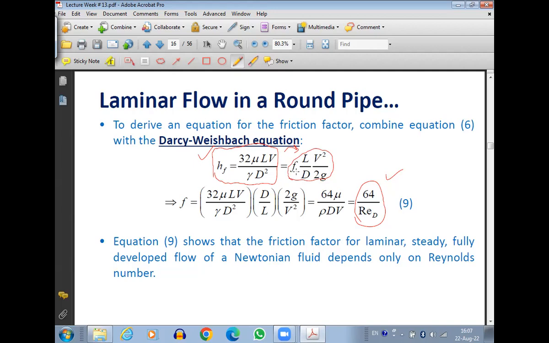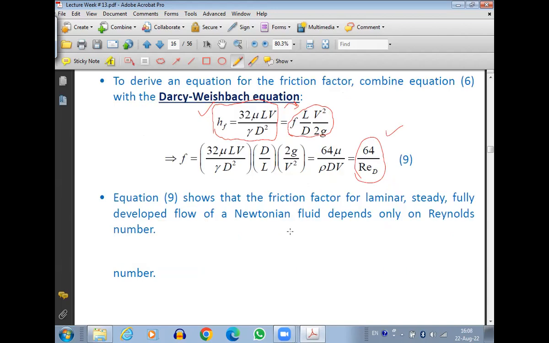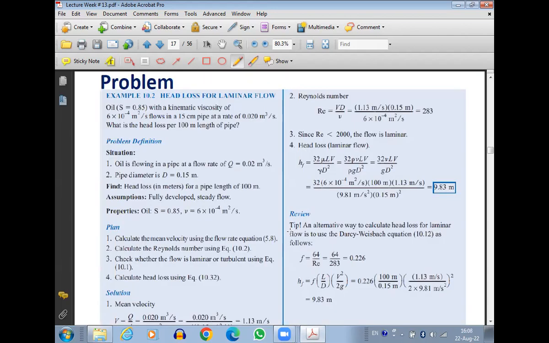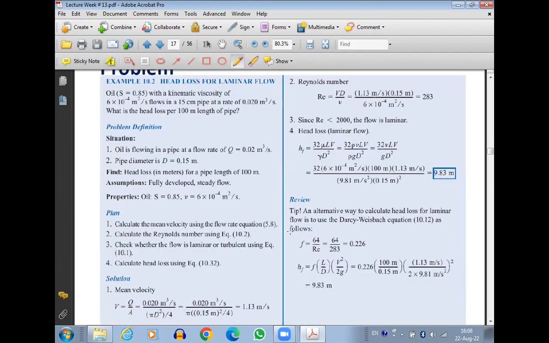And what will be the friction factor of the Darcy-Weisbach equation for the Hagen-Poiseuille's flow? It comes out to be 64 over Reynolds number. So these are some of the things that you should understand. Okay, so now let's apply it in a numerical here.